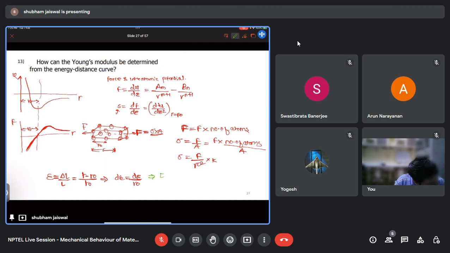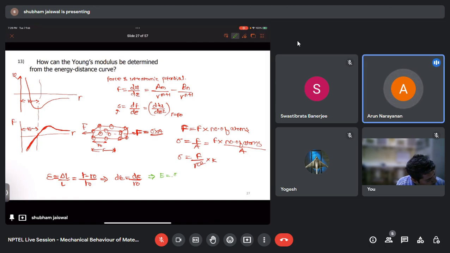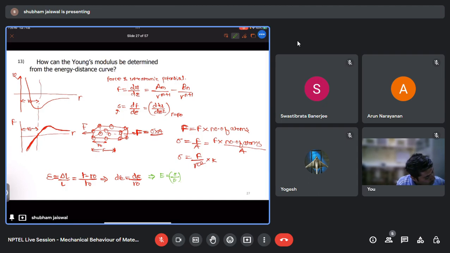Now we know elastic modulus is nothing but stress by strain, when this is for the bulk material. Now we are considering the small individual atom, so it will be df upon d epsilon, when epsilon is very small, epsilon tending to 0. This is the stress.